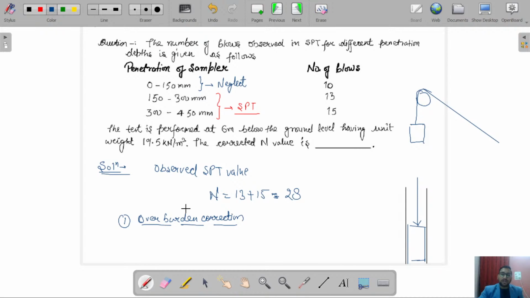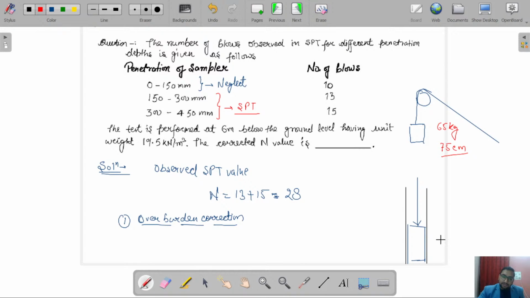The weight of this hammer is 65 kg and the height of fall is 75 centimeters. So due to this impact loading, you are going to penetrate this split sampler into the soil.